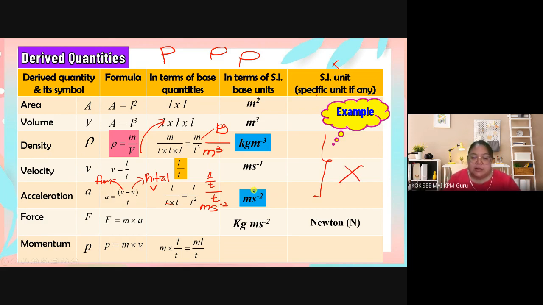Okay, then we can see force. Force is more complicated. Force is mass multiply acceleration.